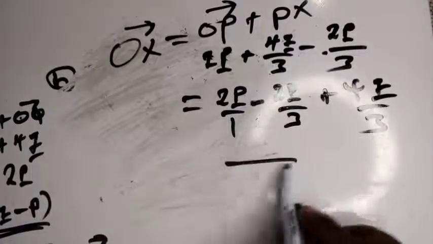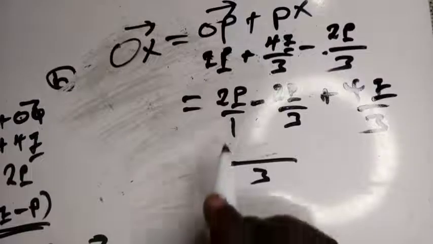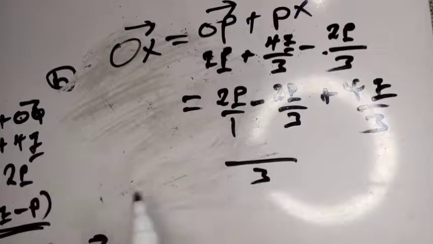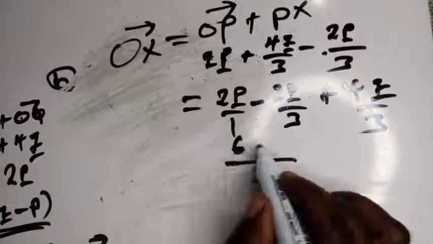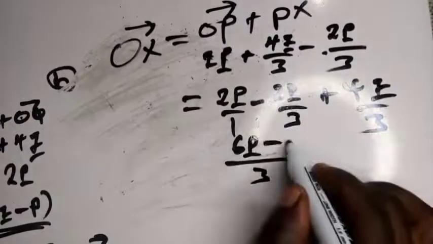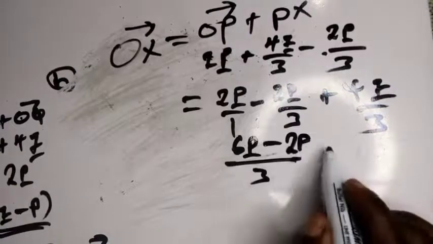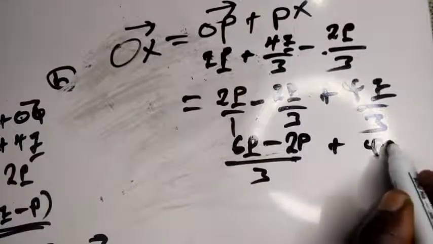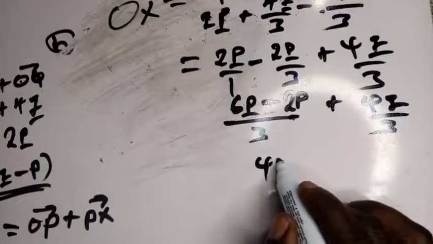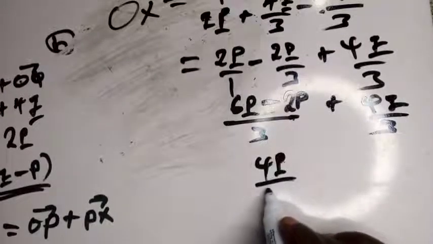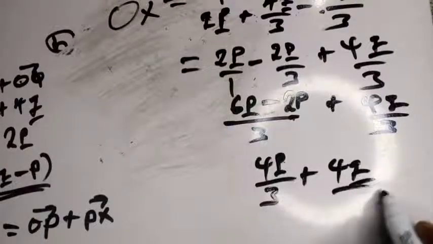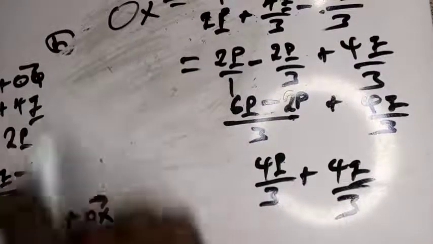What's common here is the common denominator 3. So 1 into 3 is 3, 3 times 2p we have 6p, then minus 1 times 2p, plus 4q over 3. 6p minus 2p, we have 4p over 3 plus 4q over 3. This is the answer for OX.